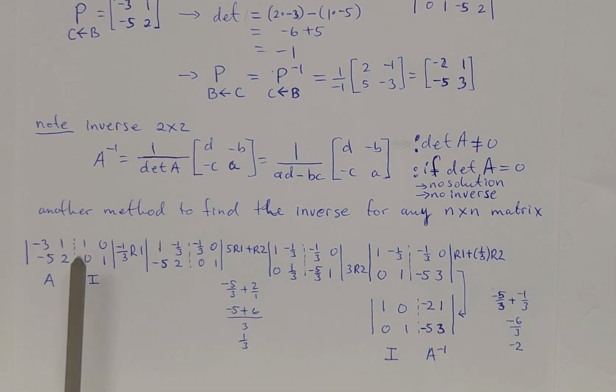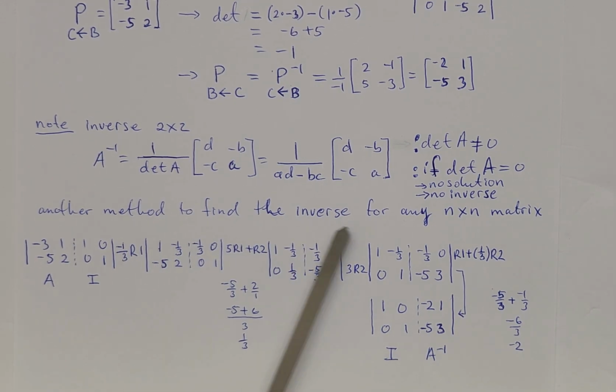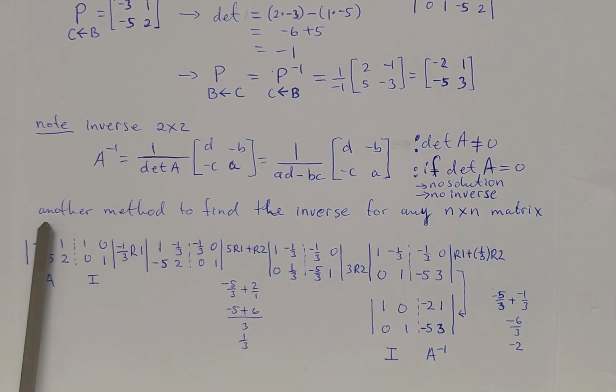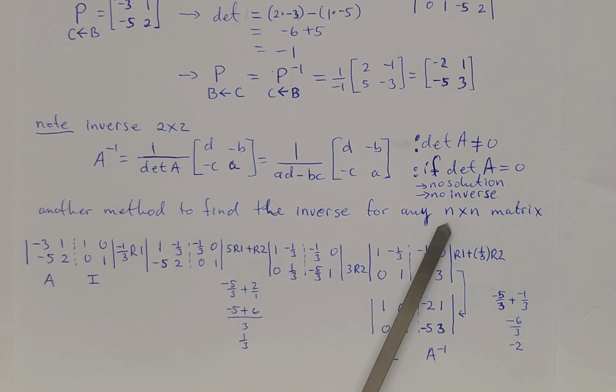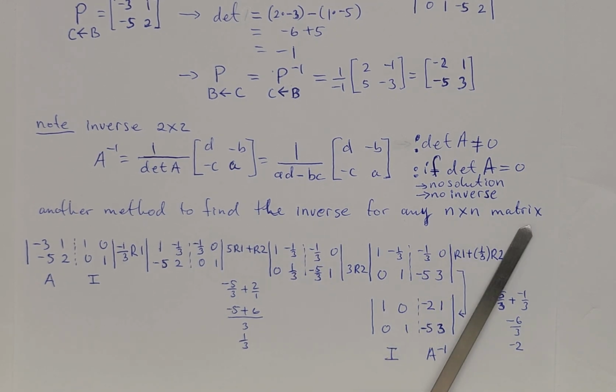Your objective is to move this identity to the left, which I have here, and then move all of these to the right, which I have here. Once it is completely moved to the right, that will become the inverse. Okay, so this is another method to find the inverse of any n by n matrix.